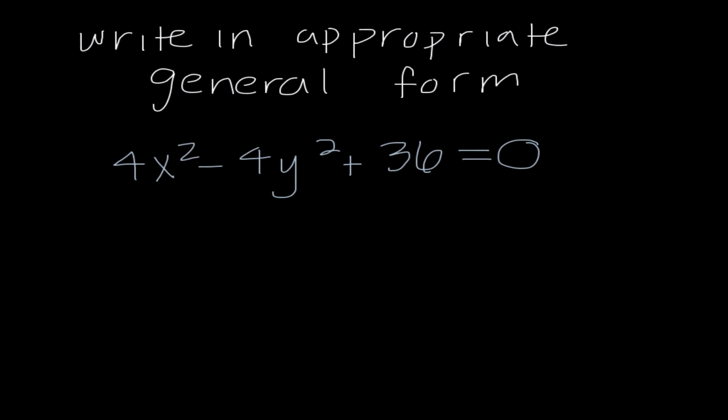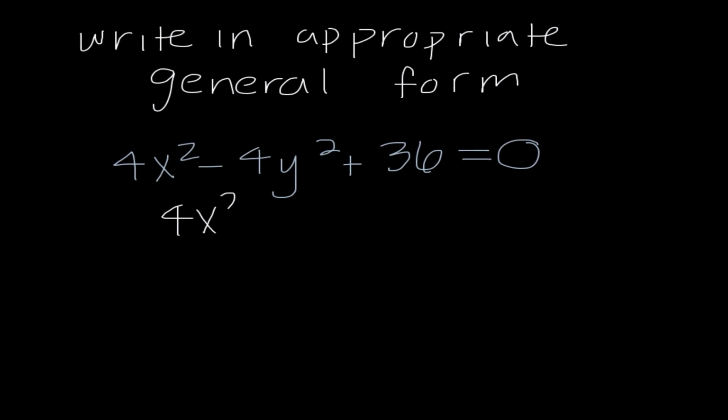So in this problem, it's asking us to write it in the appropriate general form. So the first thing we need to determine is what type of conic section this is. I noticed right away we have subtraction, so I'm thinking that it is a hyperbola.